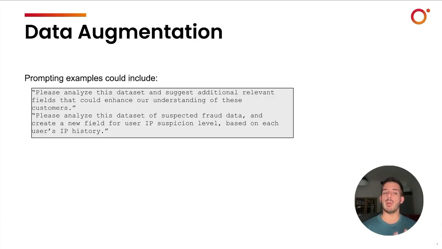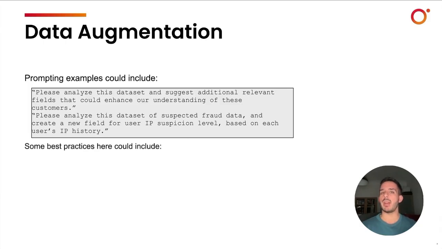Or you could say, for example, please analyze this data set of suspected fraud data and create a new field for the user IP suspicion level, if you will, the level of suspicion of a user's IPs based on the specific IP history of a given user, right? Are they logging in or purchasing from suspicious locations and so on, and then converting that into a quantified measure from 0 to 100, which can then be used in a quantified manner, for example, in a fraud prevention algorithm or other types of algorithms.